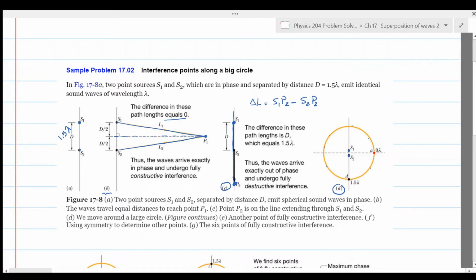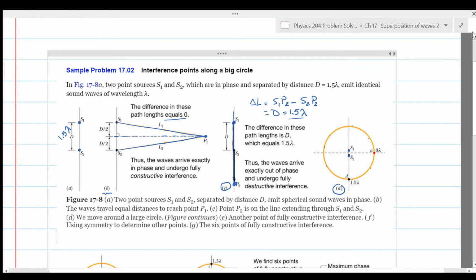The path length difference between the two waves is S1P2 minus S2P2. Looking at the geometry, S1P2 minus S2P2 gives us S1S2, which is d itself. So the path length difference in this situation is d, which is 1.5 lambda.